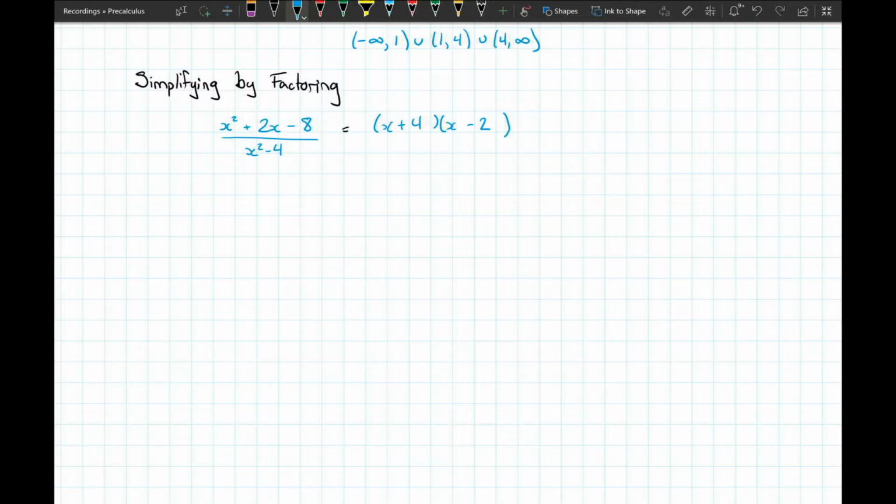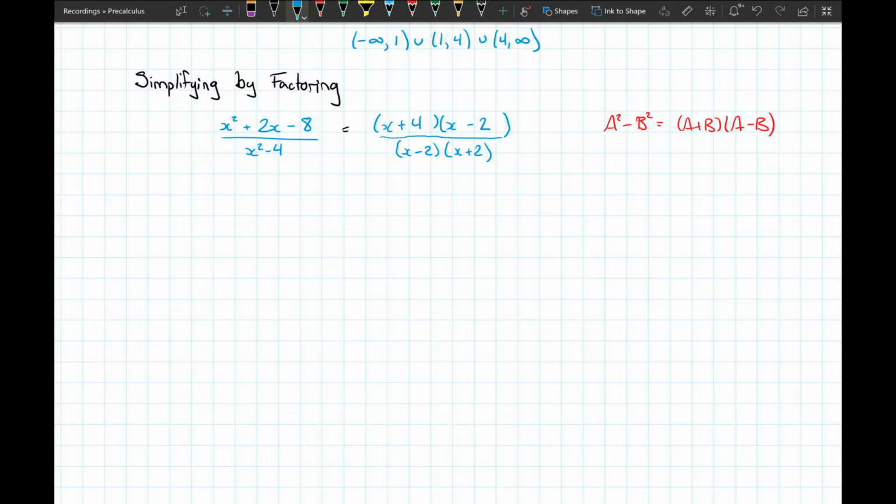And so we have a little special product formula for that: a square minus a square is actually (a plus b)(a minus b). So in this case, x squared minus 2 squared can be factored into (x minus 2)(x plus 2), or (x plus 2)(x minus 2).